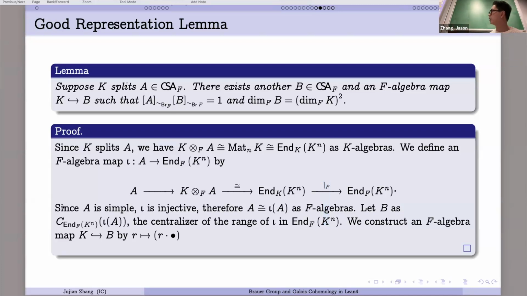And because A is simple, this whole composition will be injective. Therefore, A and the image of A will be isomorphic as F algebras.